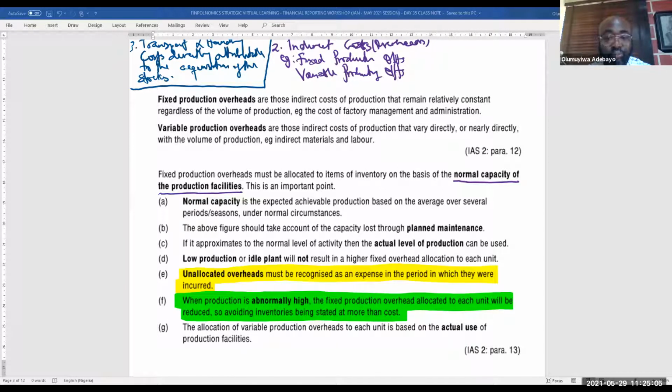talk about the difference in product costs. Okay. and period costs.